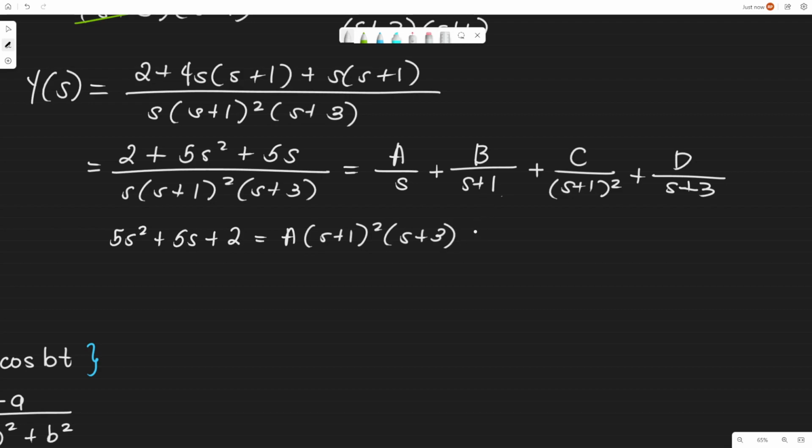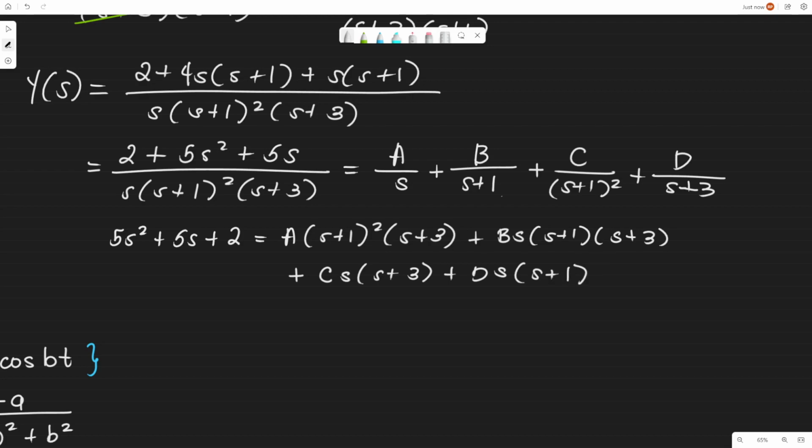So, plus b s times s plus 1 s plus 3, plus c s times s plus 3 na lang, plus d times ds times s plus 1 quantity squared. Ayan. Okay?